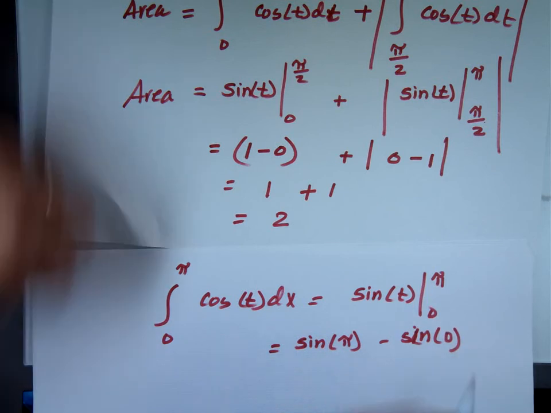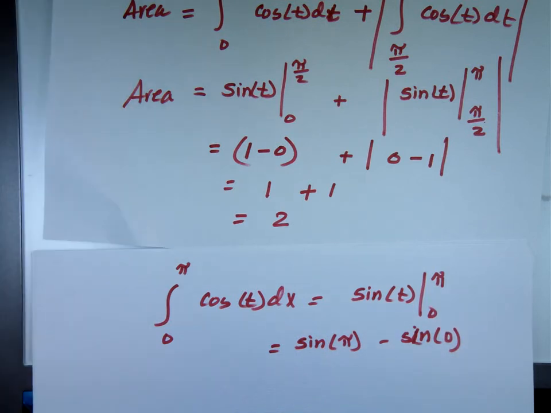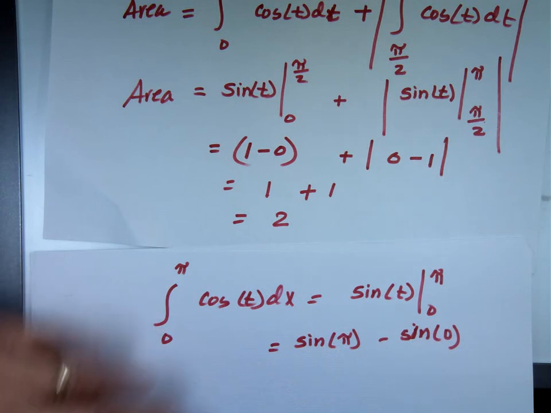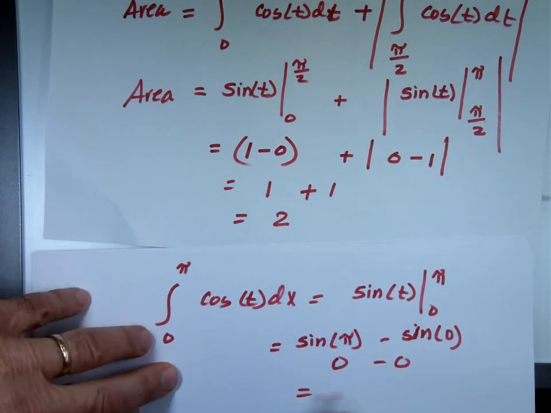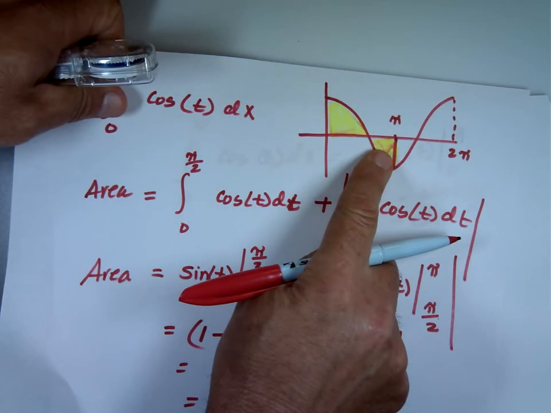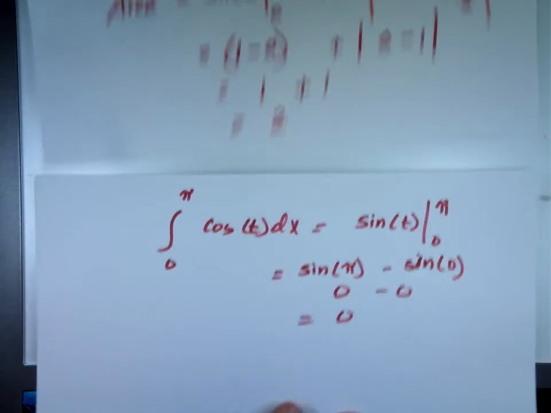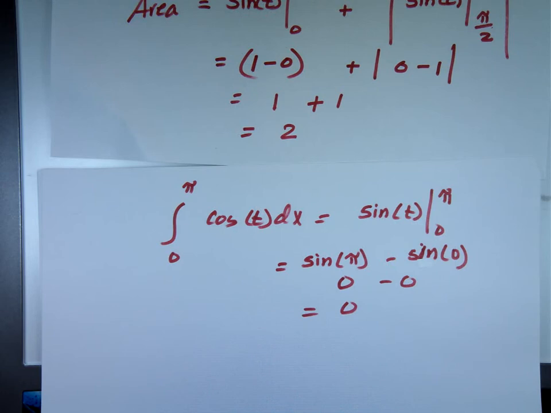What is sine pi? 0. What's sine 0? 0 minus 0, the answer is 0. Again, the reason is this area is positive 1, this area is negative 1, when you combine them together, they will cancel each other out. You end up with a 0.